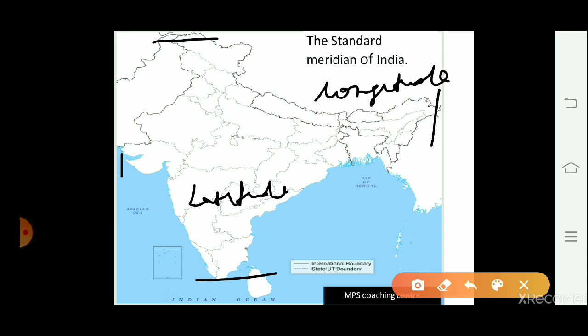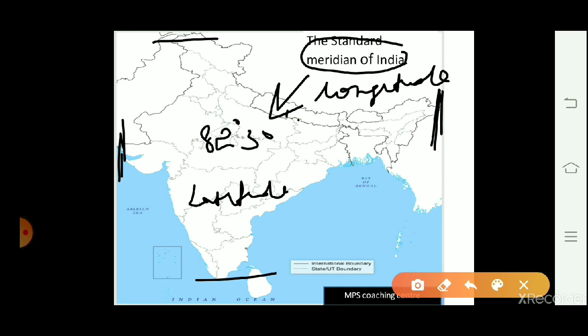Somewhere these are easy to locate or plot as compared to standard meridian, because these we have to plot at the edge point of the country. But now standard meridian we have to plot in the mid of the country.